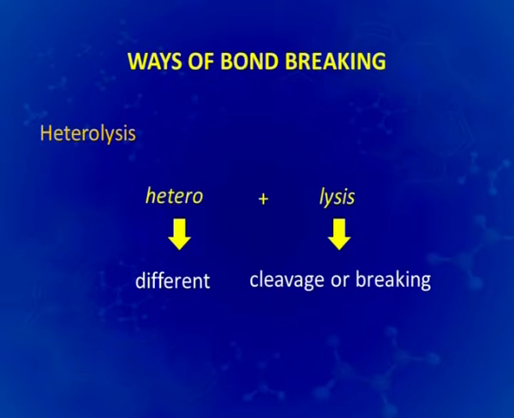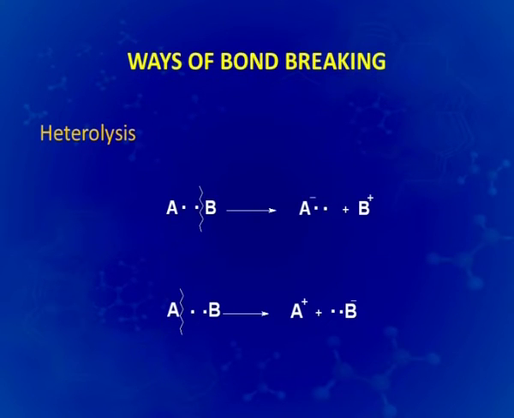What does that mean? Suppose we have a molecule with two atoms in it, A and B. Both of these in a covalent bond are sharing an electron each. As you can see here, the bond breaking is in a heterolytic fashion. That is, the bond is breaking in such a manner that both the electrons which were once shared by A and B get on to only the A atom.